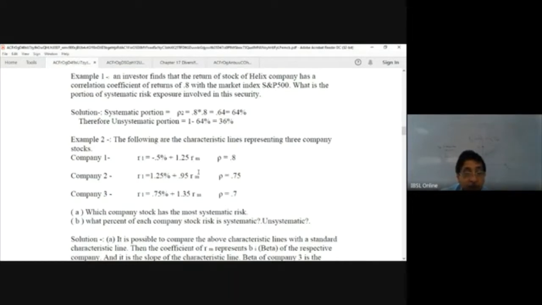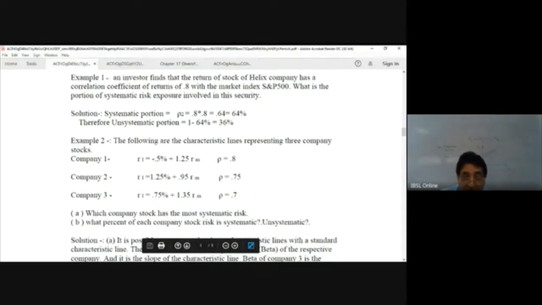Now I am just asking a small question here. What is the beta of company 2? Through the characteristic line, you can get it. The beta.